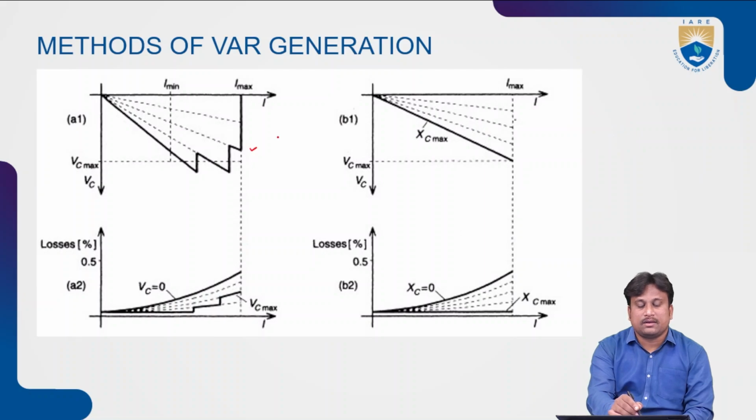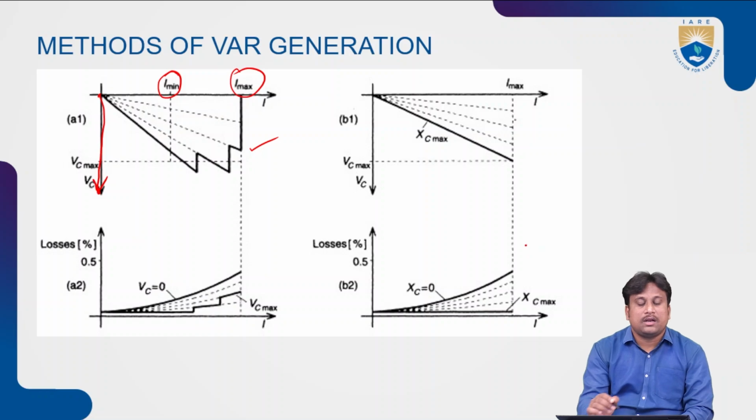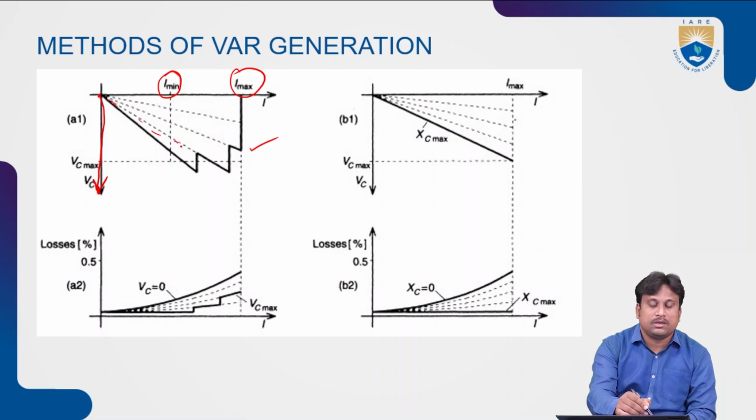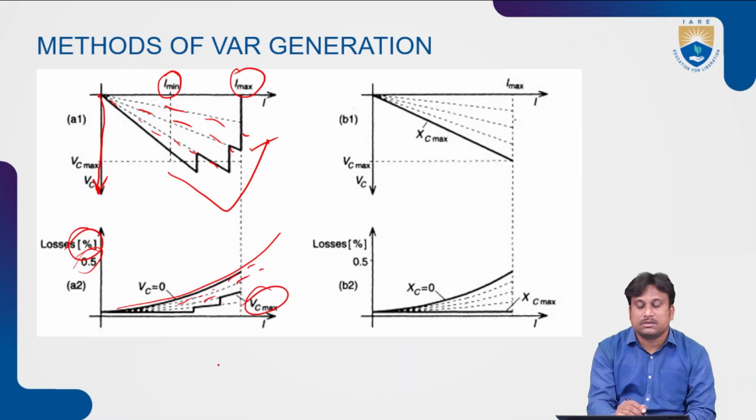So this is the diagram showing the compensation of the voltage with respect to the minimal current and maximum current. The capacitance should be leading in nature with the VC max, and the area occupied by these boundaries is represented in this manner. Losses are taken in percentile, that means 0.5, then VC becomes 0, and the boundaries occupy about the VC max case.